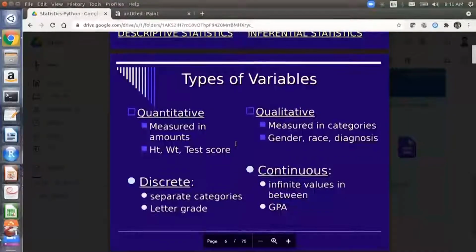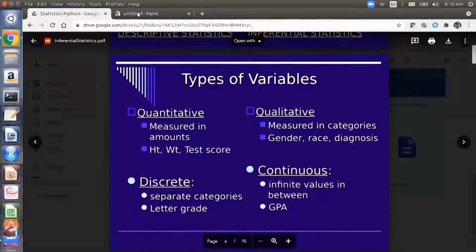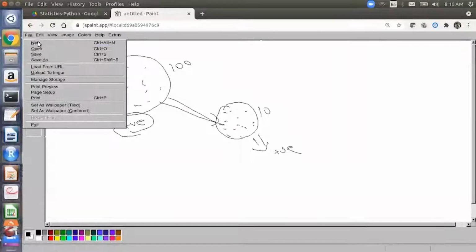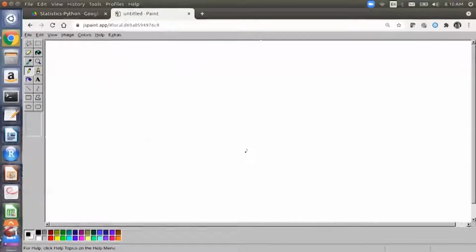Types of variables. Quantitative and qualitative variables, discrete and continuous variables. We have discussed some variables in the last class, categorical and numerical variables. Similarly we have something called qualitative and quantitative variables. Does anyone have any idea what qualitative and quantitative variables are?